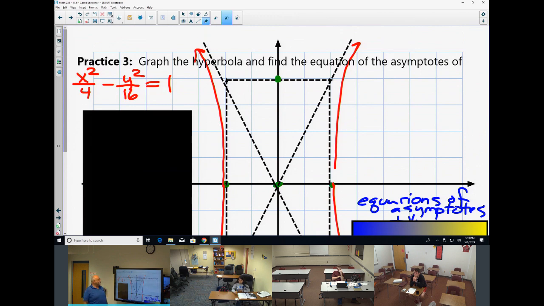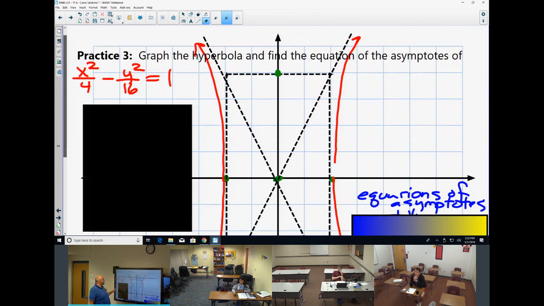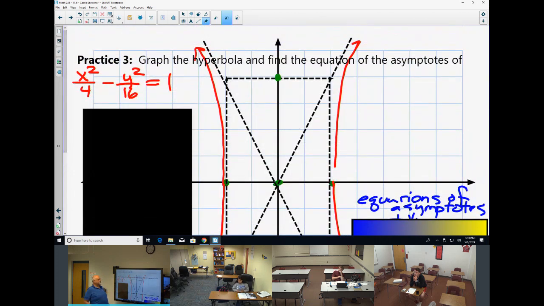Okay? All right, so Jada, what are the equations of the asymptotes? I'm not sure. I think I messed up. Okay, so you start off, it's always going to be y equals plus or minus, and then you take the square root of the number underneath the y.